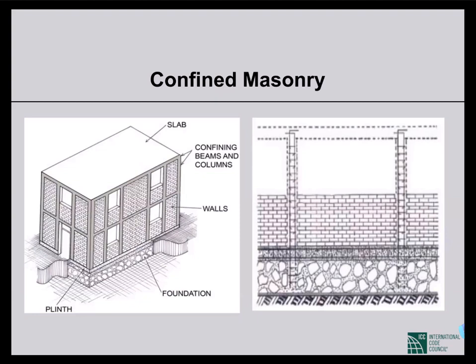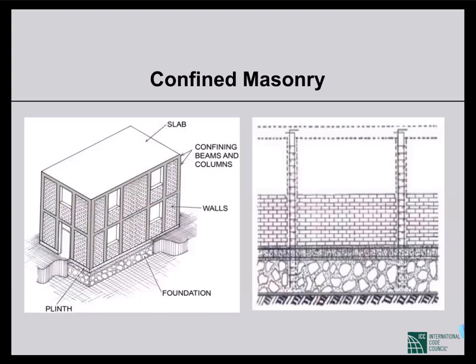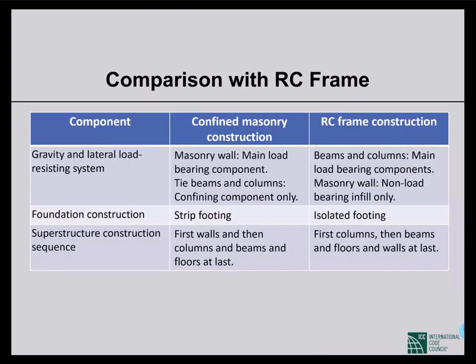So the basic difference between an RC frame and confined masonry we can see from this table. For RC frame, we know that the main load-bearing members are beams and columns. But for confined masonry, the main load-bearing members are basically the masonry walls. In RC construction, the infill masonry walls are non-load-bearing.